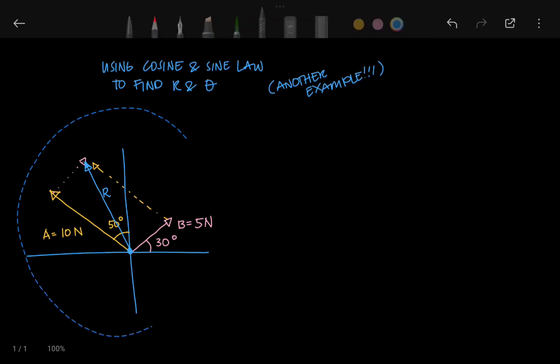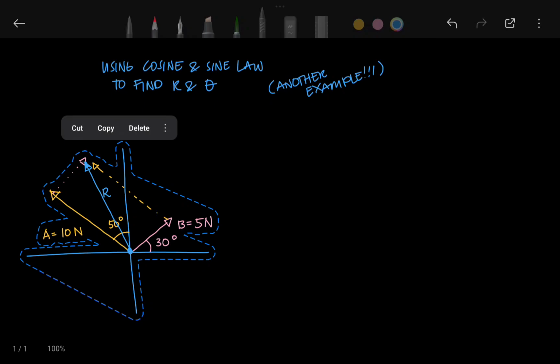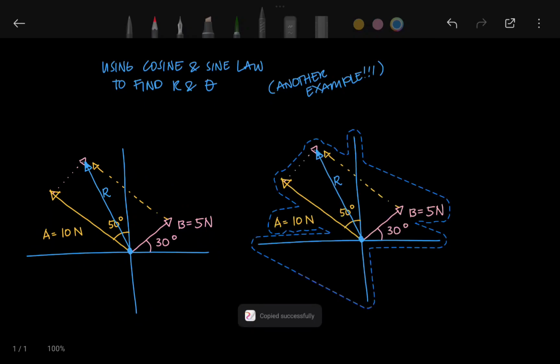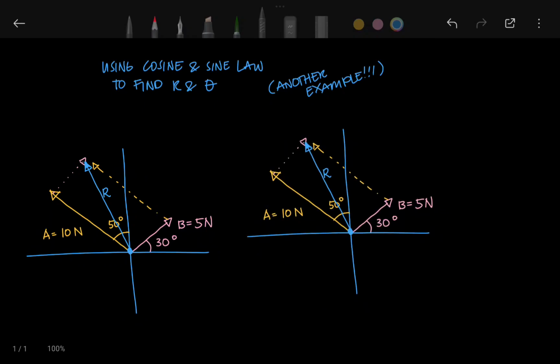So, let me just copy this. Copy. Paste. Okay. Now, we are going to pick one triangle between the two of them, left or right.